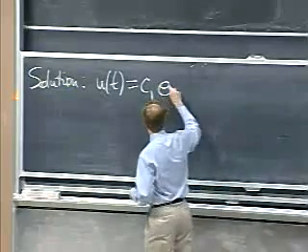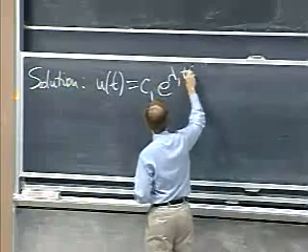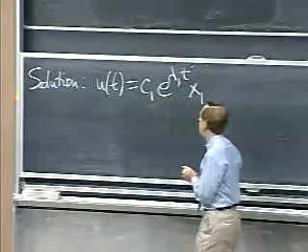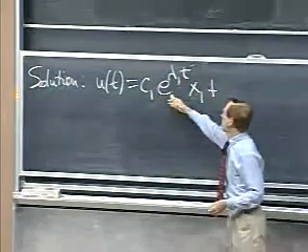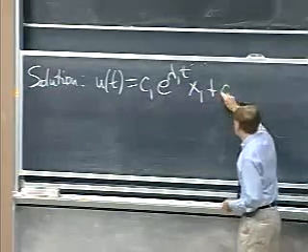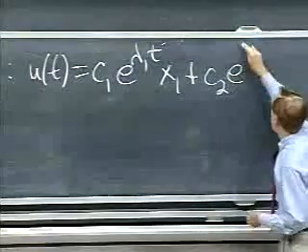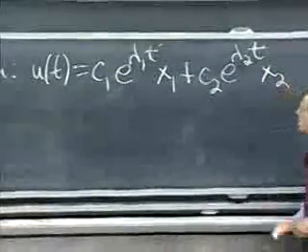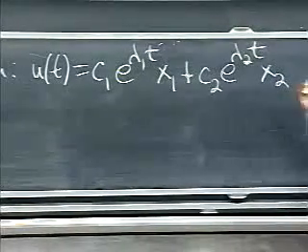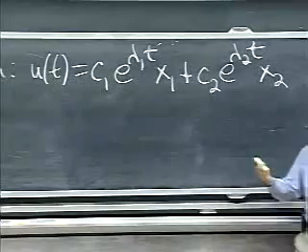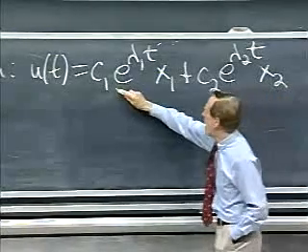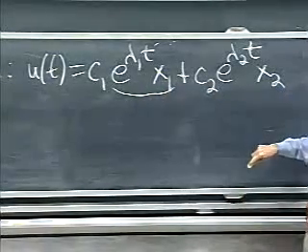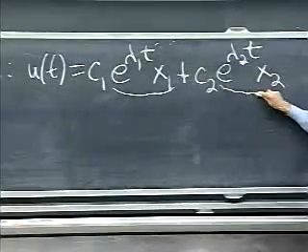The first one is going to be e to the lambda 1 t x1. And so that solves the equation. And so does this one. They both are solutions to the differential equation. That's the general solution. The general solution is a combination of that pure exponential solution and that pure exponential solution.